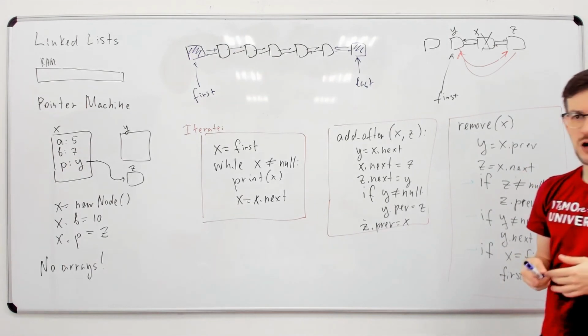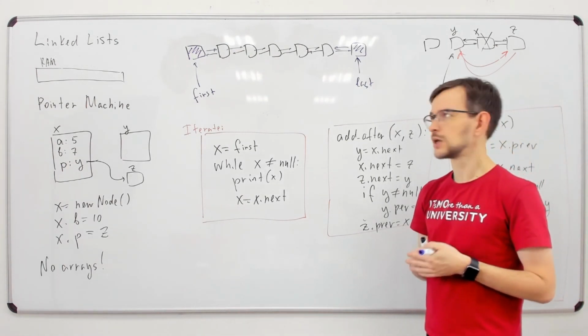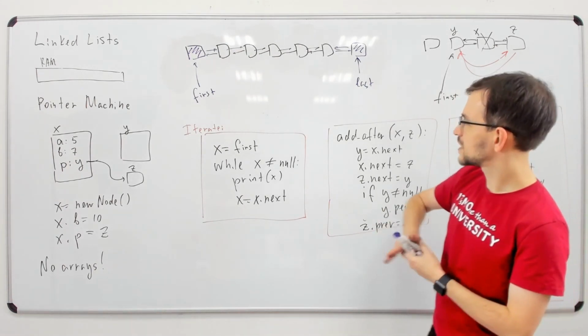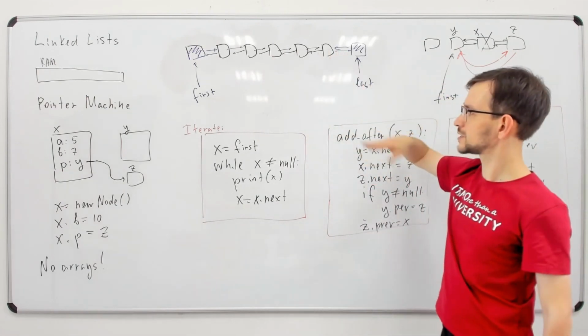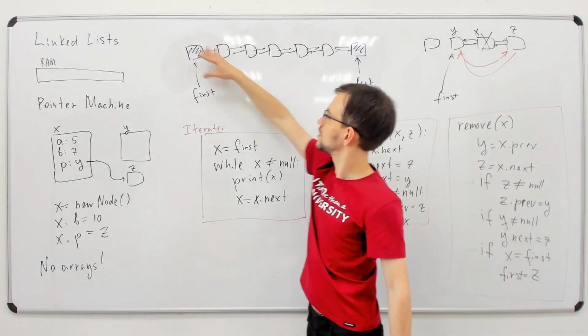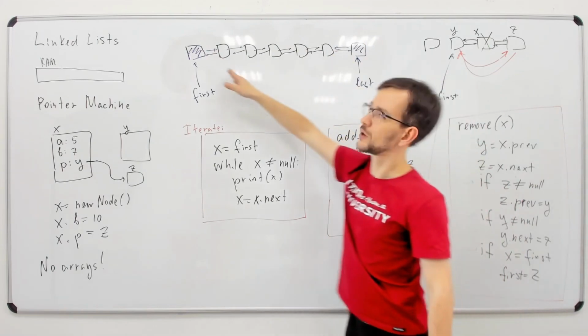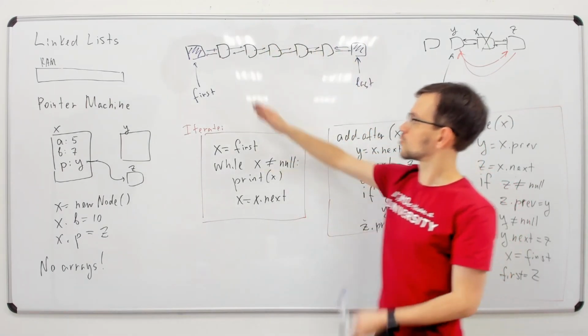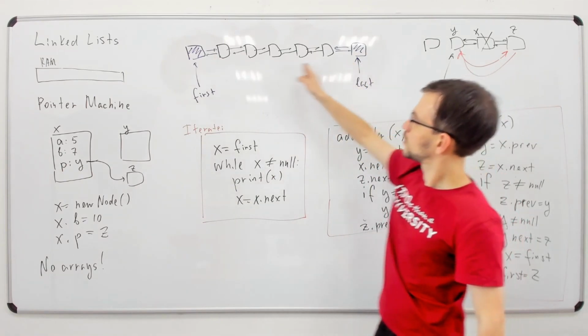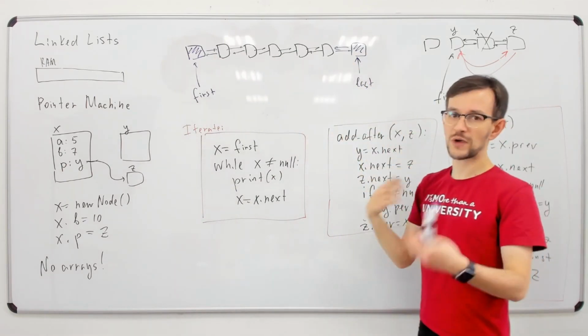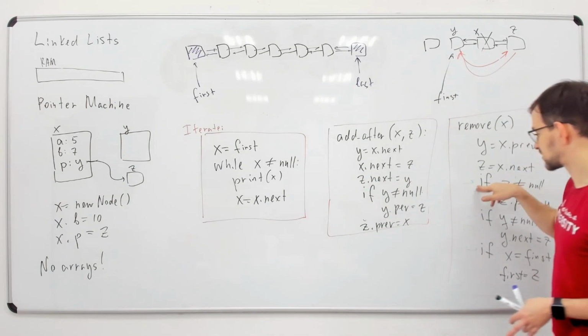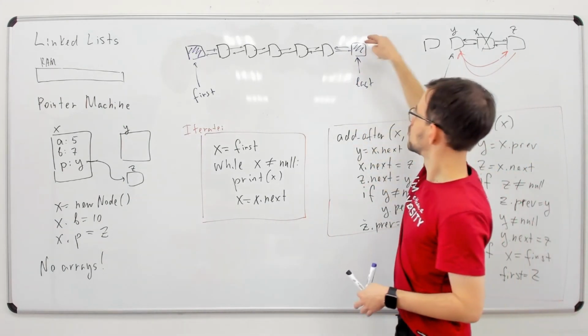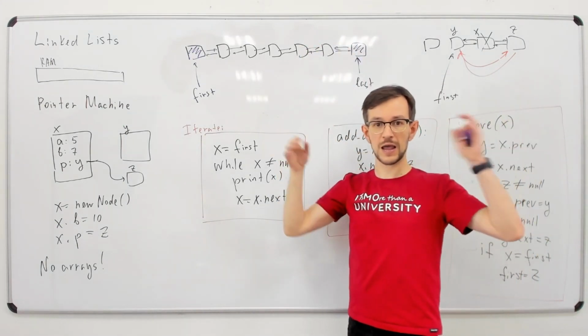That's all. And now you have something like a deque, basically. So you can access both ends of this linked list. You can add some elements here. You can add some elements here. You can iterate over all elements in either direction, from left to right or from right to left. You can add anything, remove anything, and you don't have these if statements, because you don't remove these two end elements.